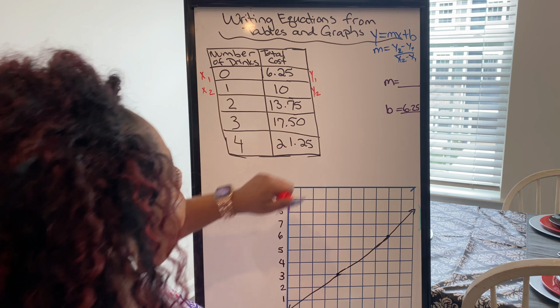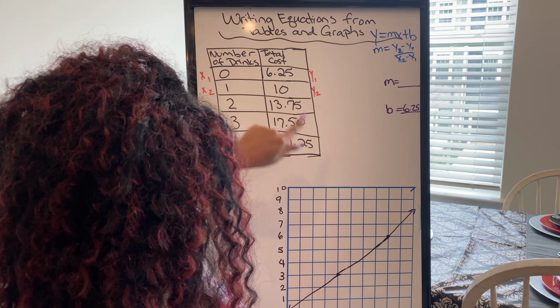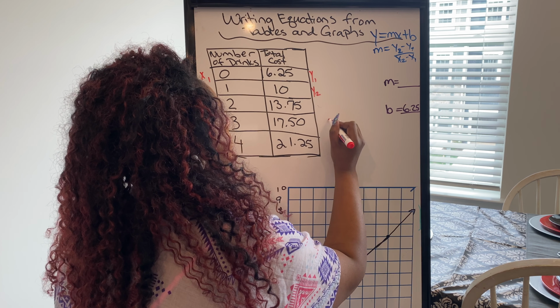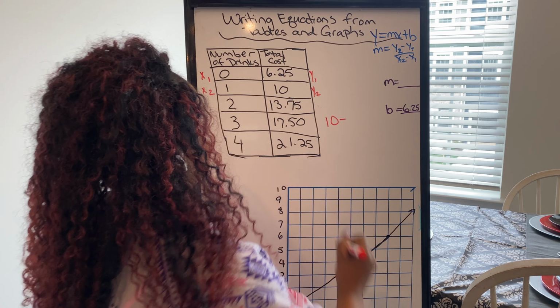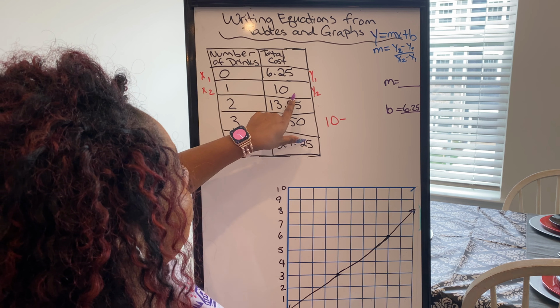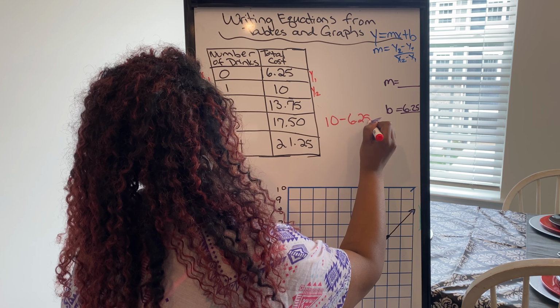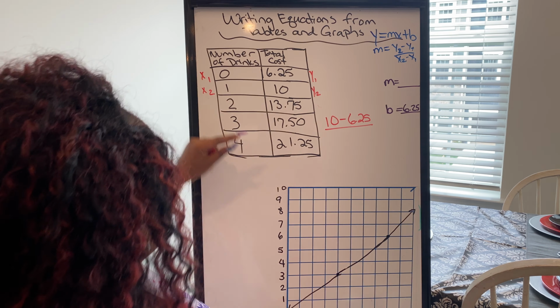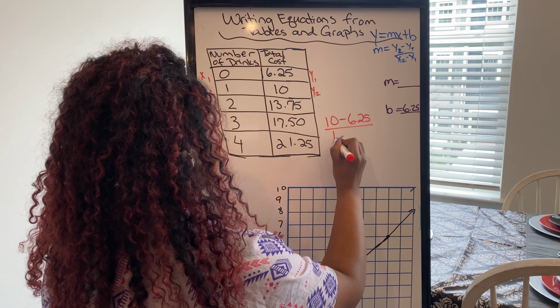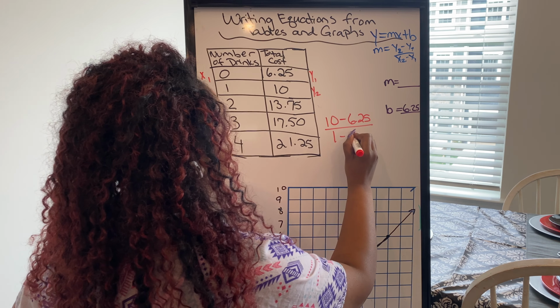Okay. So the formula says y2 first, so I've got 10. y2 minus y1, 10 minus $6.25. And then I've got my x2, which is 1, minus my x1, which is 0.